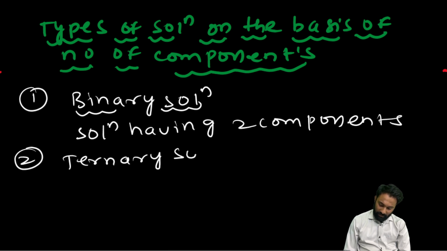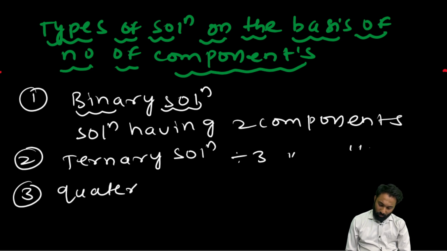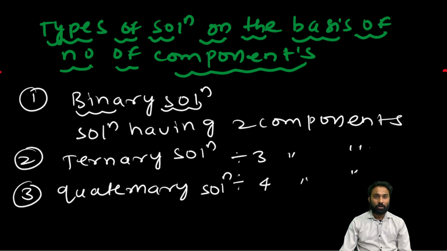What is the meaning of a ternary solution? It has three components. Third, the quaternary solution. It has four components. Clear?